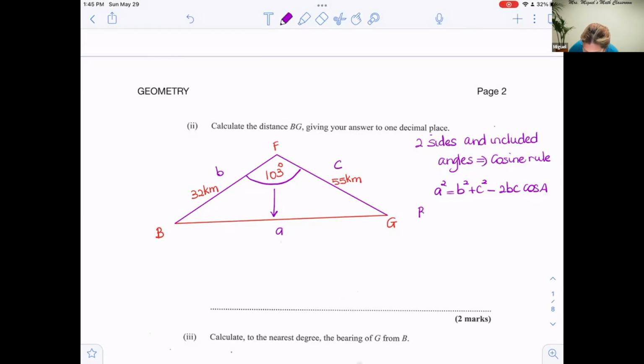So BG squared is equal to 32 squared plus 55 squared minus 2 by 32 by 55 by cosine of 103. Put everything in the calculator and give me an answer.